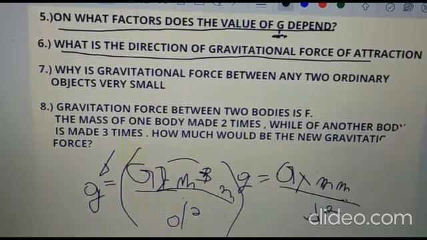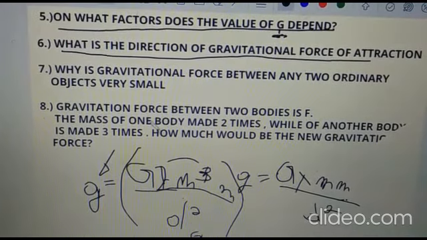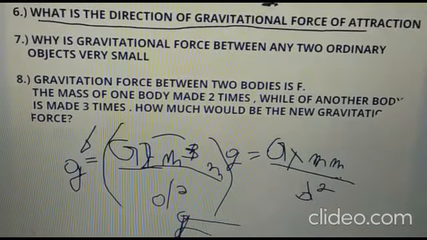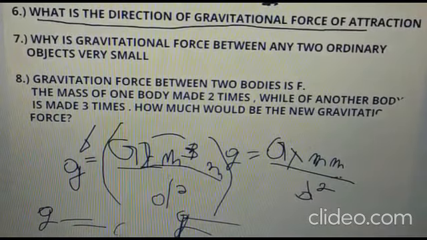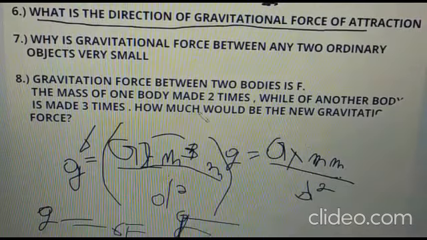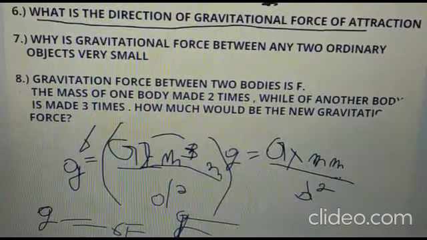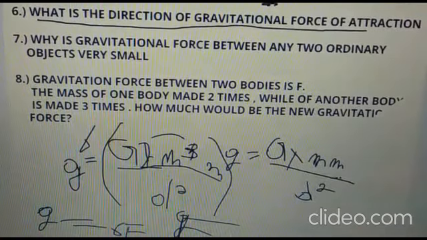It is said that the gravitational force between the two bodies is F, so we can take it as F. Now the value of F becomes 6F. It's asking how much the new gravitational force would be: it would be 6 times. Okay guys, now let us move to the next question.